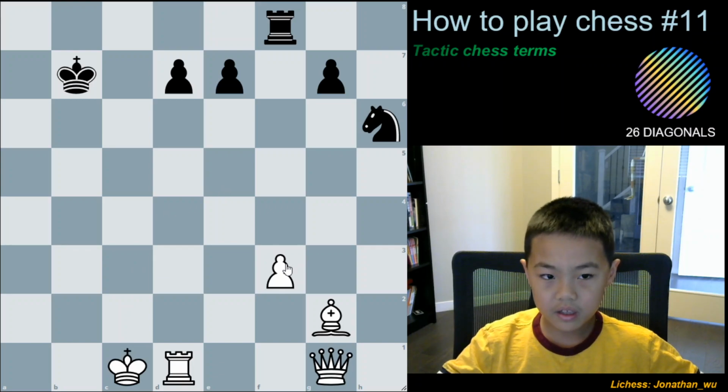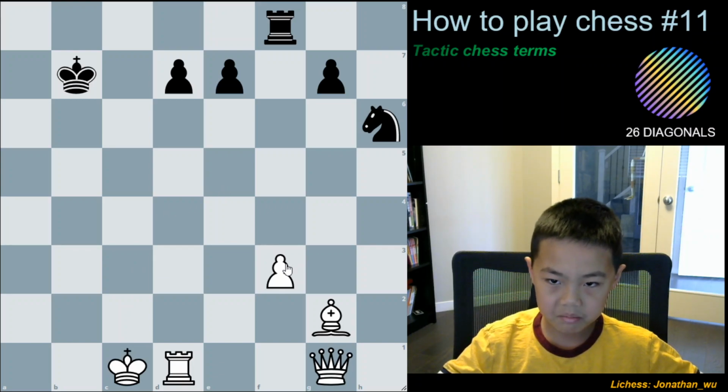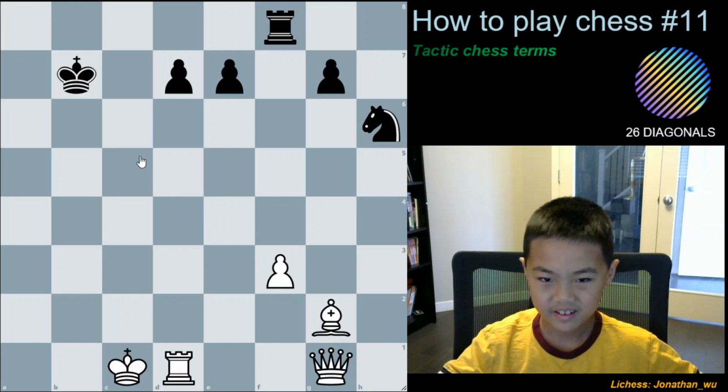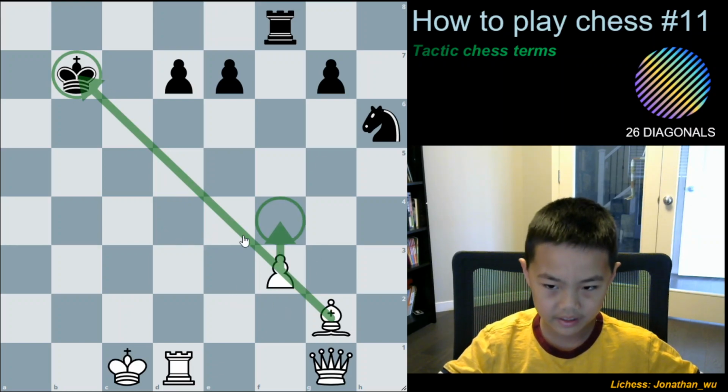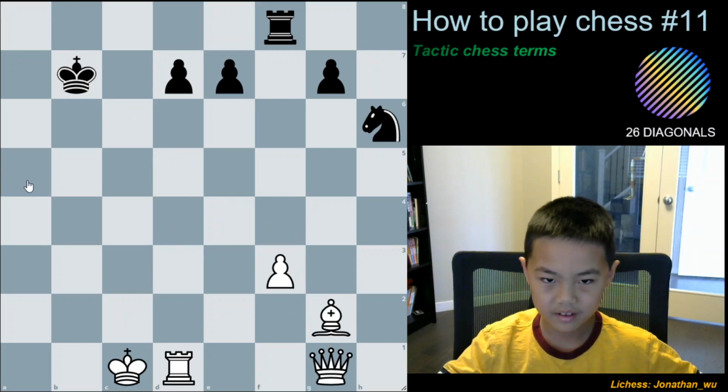The discovered attack is basically the same as the discovered check, except that the discovered check is with a check. It's just a king being attacked by a piece when you move the other piece that is blocking the path. It's basically the same except with a king.